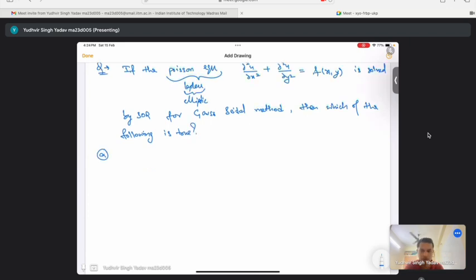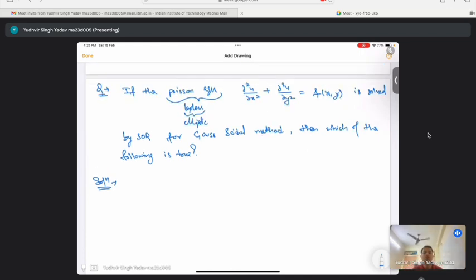Given options are, or you can just see this question in your assignment. I will directly get to the solution part instead of writing all the options. You will think that it will take too much time to write these options.